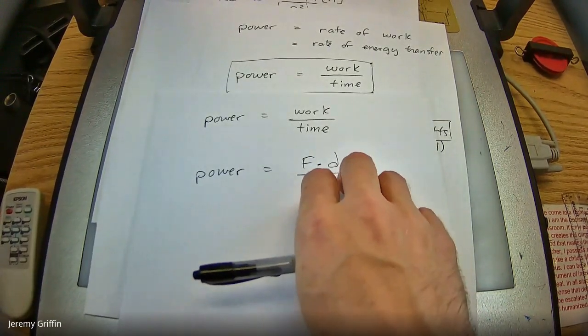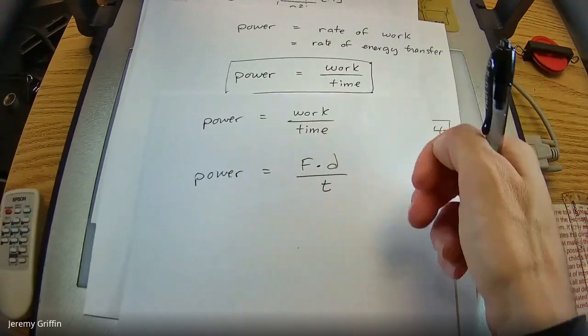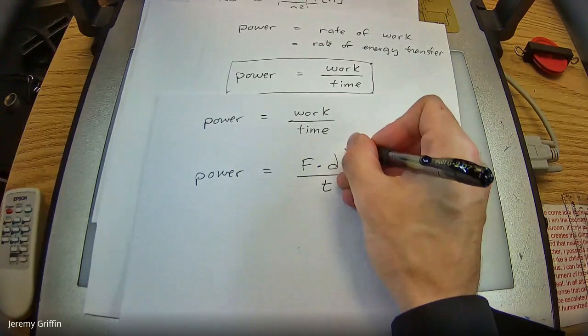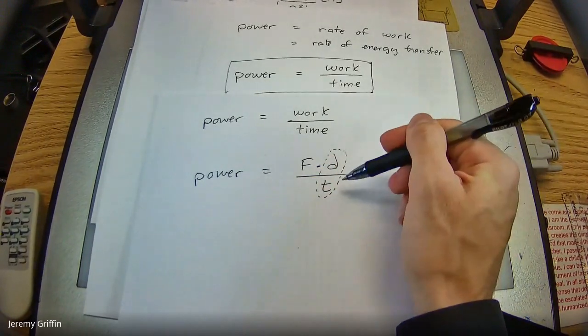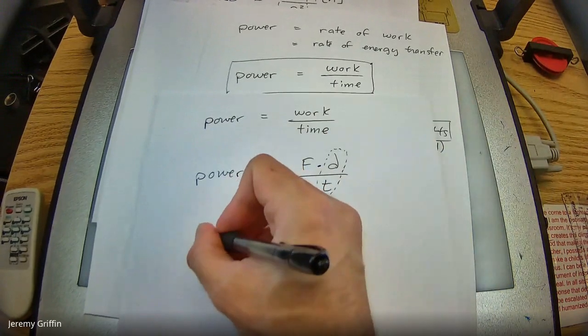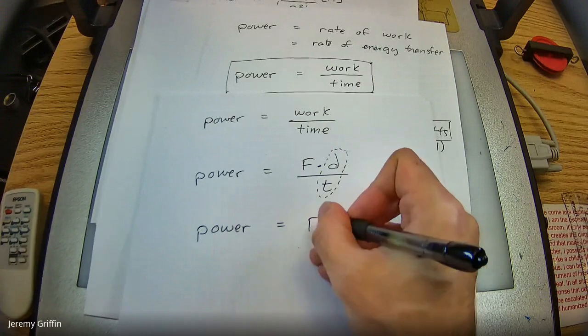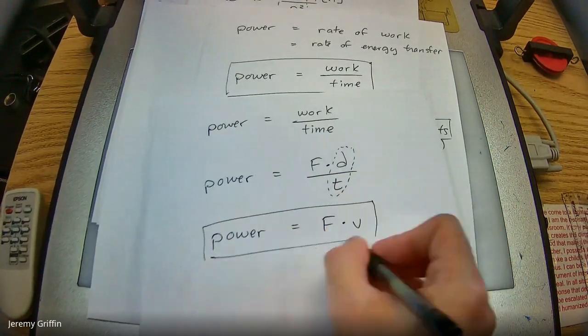You could work backwards: force times distance is work, and turn this back into this. Or could you group these differently? What is this right here? That is velocity, isn't it? Can you memorize this going into the AP exam? Power is also equal to force times velocity. Force times velocity.